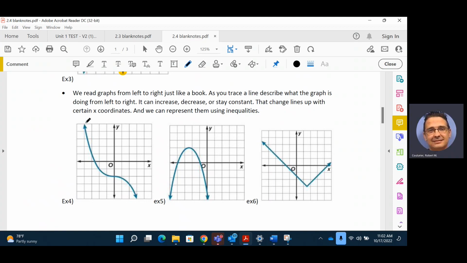So this graph goes, notice the arrow, right? The arrow is a key part. It's going in this direction forever, from negative infinity, and it's going in this direction forever to positive infinity.